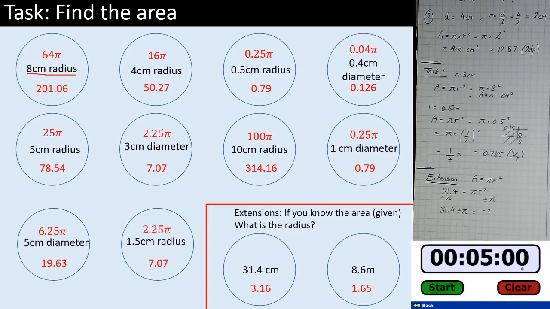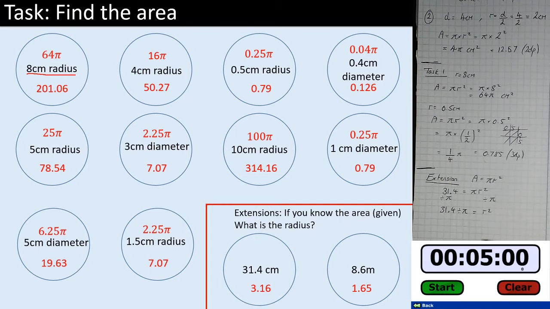Now, when you think about solving equations, we're always thinking about doing the opposite of things. So now I need to think about what is the opposite to squaring something. Squaring something means multiplying it by itself, but we can't do the opposite of that, which is dividing it by itself.